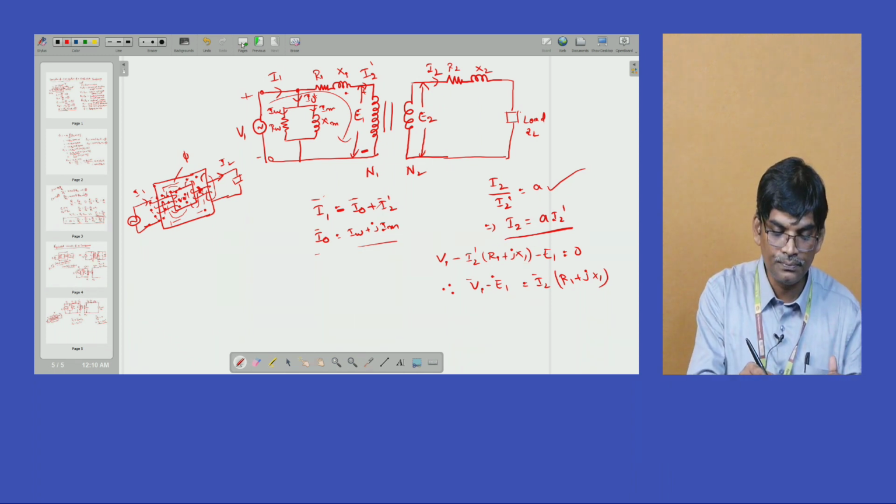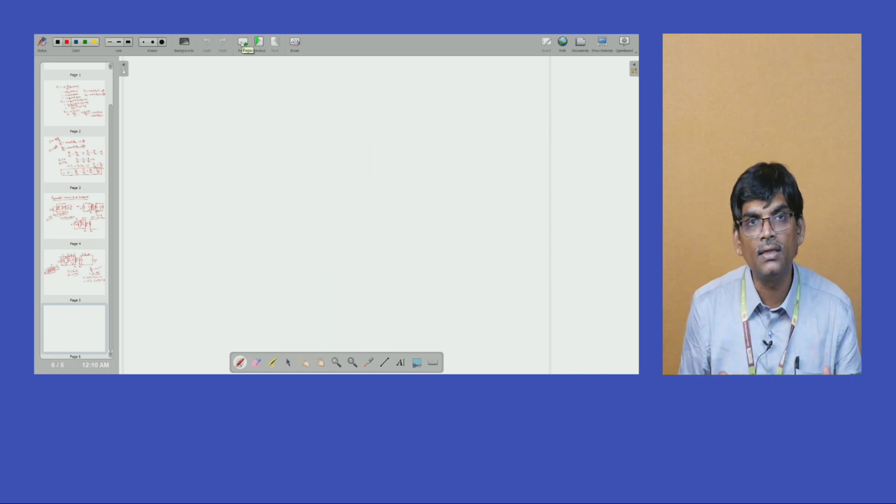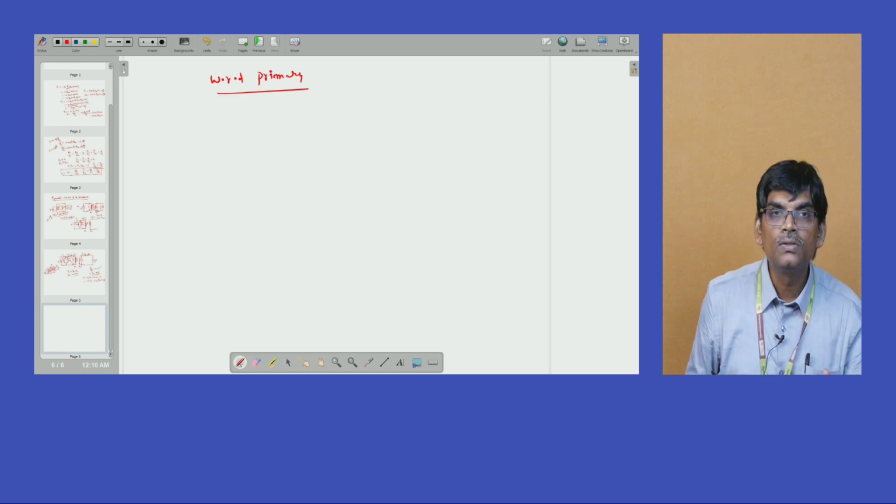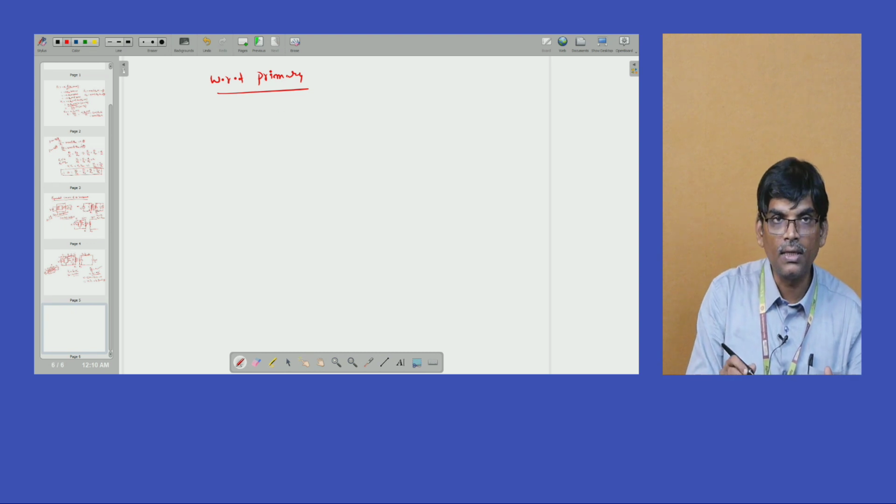Now, coming to how to write the equivalent circuit with respect to primary. We already know the circuit diagram.